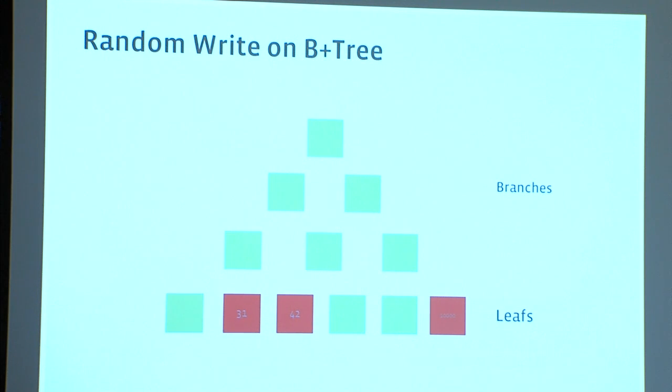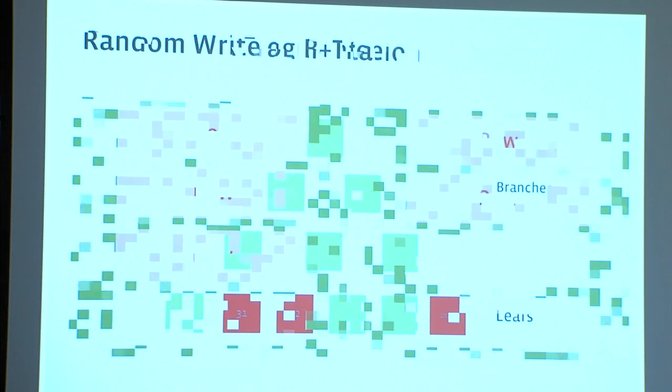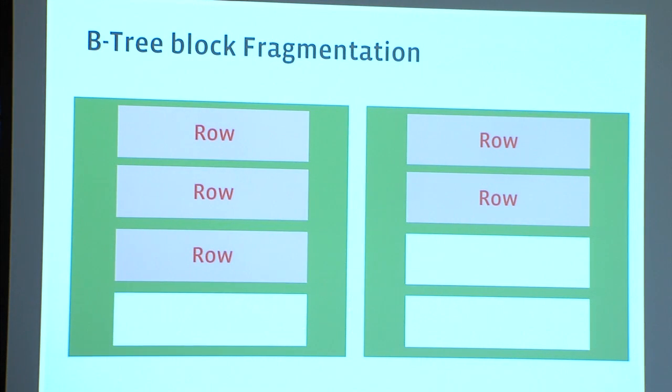If you want to write 3 different rows, they can end up going to 3 different pages. And it's possible, depending on how your writes are getting batched up, that you still have to write 3 whole pages. Similarly, B tree blocks can be fragmented, even though in this example it has enough space for 4 rows. It's possible your blocks aren't full. You're wasting some space here. So this is another source of space amplification.